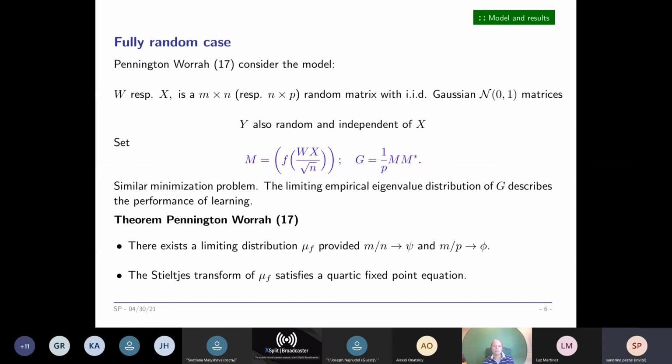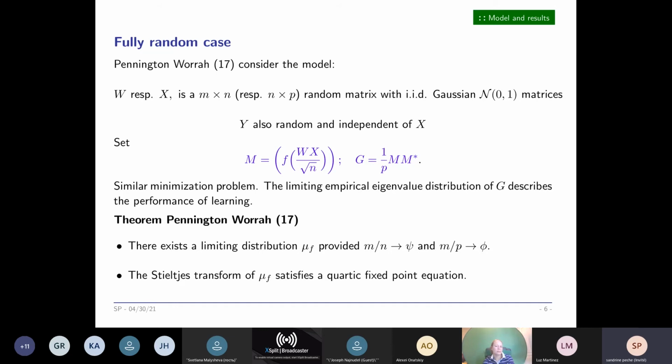Okay, so the model I will be interested in is a variation of that of Louart-Liao-Couillet. It was first introduced by Pennington and Worah. They consider the case where everything is random. What I mean is that the weight matrix is random.